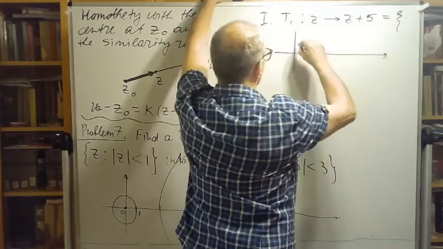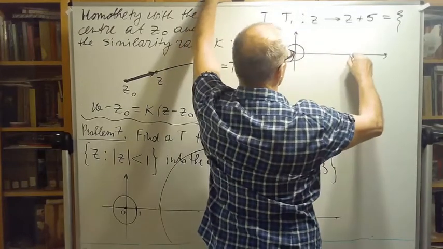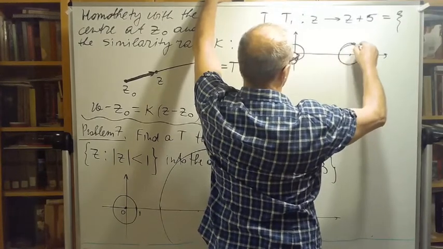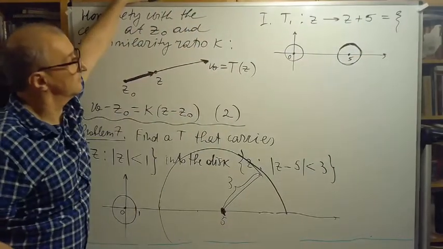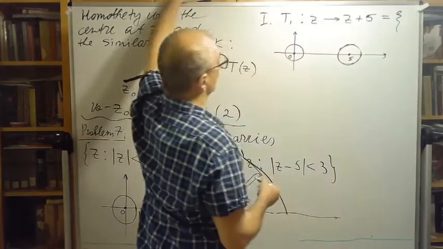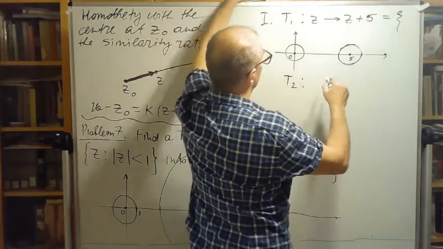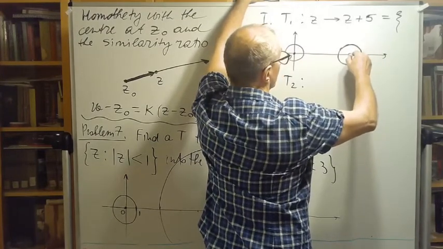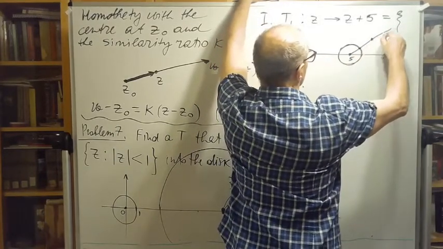And what T2 does, as a result of T1, I will draw a picture. As a result of T1, we had this little circle with the center at the origin. We will have this little circle moved, so its center will be at point 5 on the real axis. And then transformation T2 does the following. It stretches from point 5, so this point will come here.